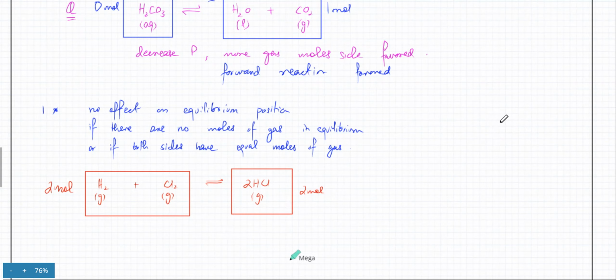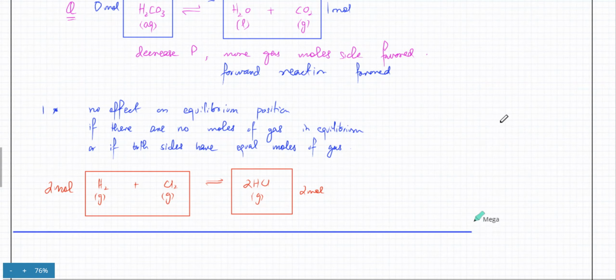So next is the last one. Hopefully this part is clear. The last one is changing concentration.